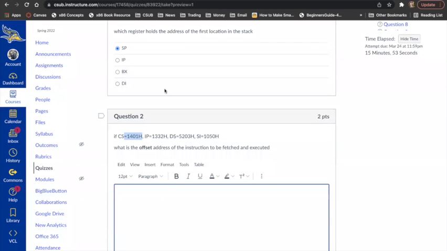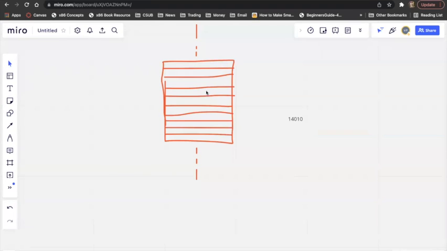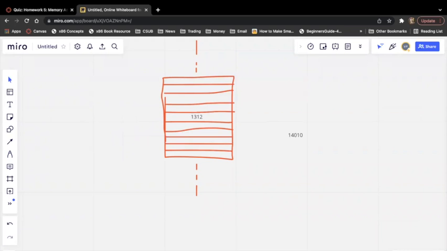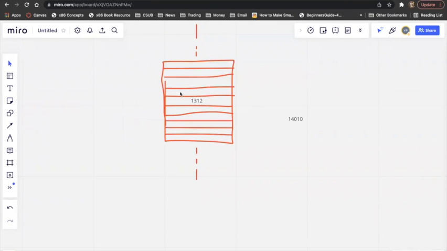So in this case, let's say 1312 is somewhere here. This address is right here, let's just assume. For example, when I give you my house address, I'll tell you 3210 High Street, McFarland, California.